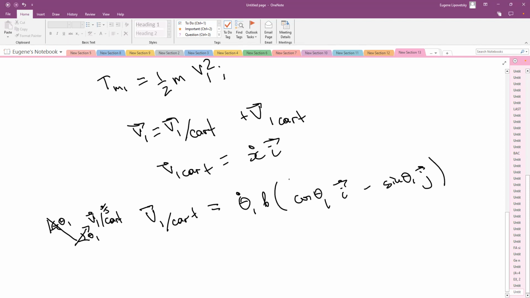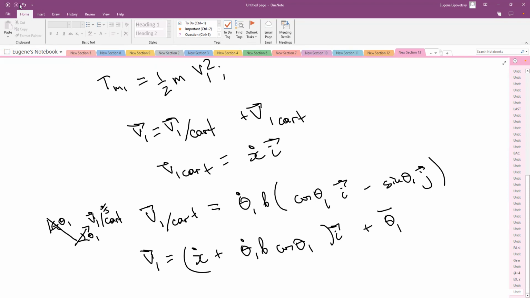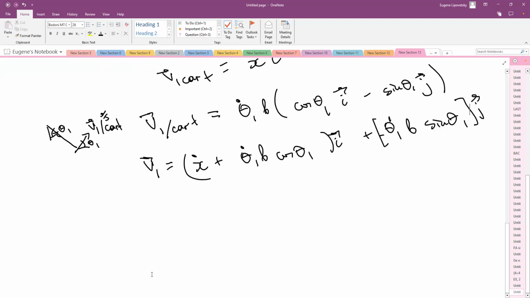So the result is that V1 total equals x dot plus theta 1 dot b cos of theta 1 times i, and plus theta 1 dot b sine of theta 1 with a minus times j.